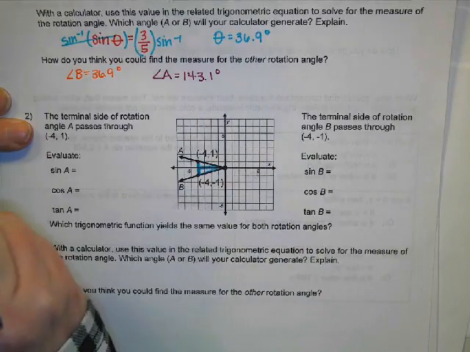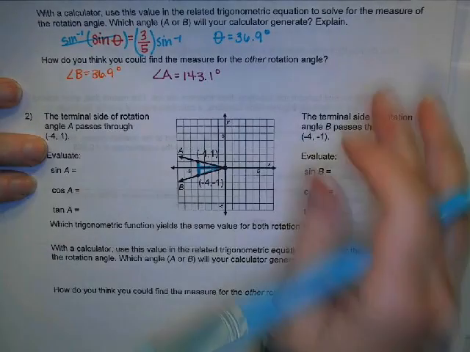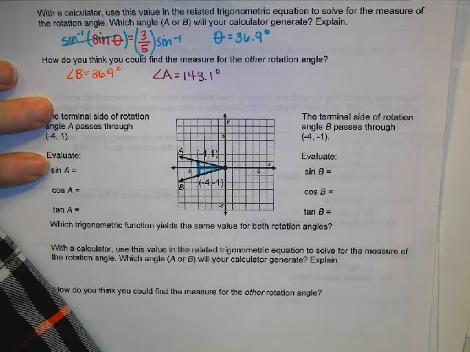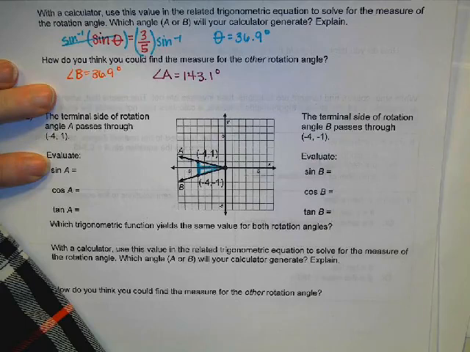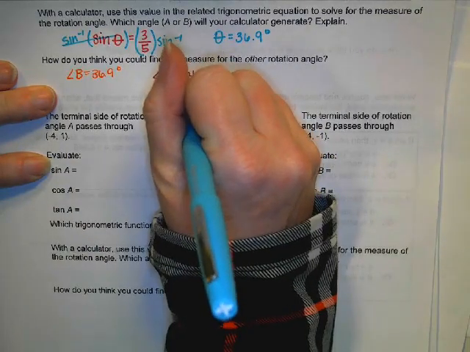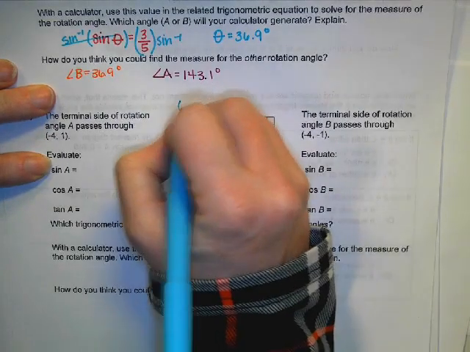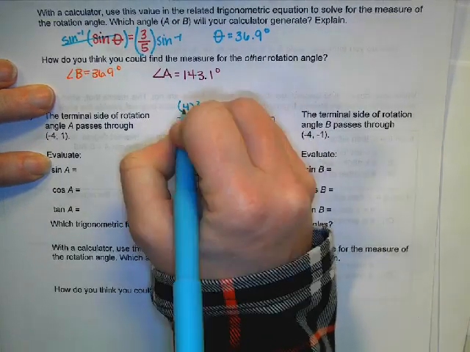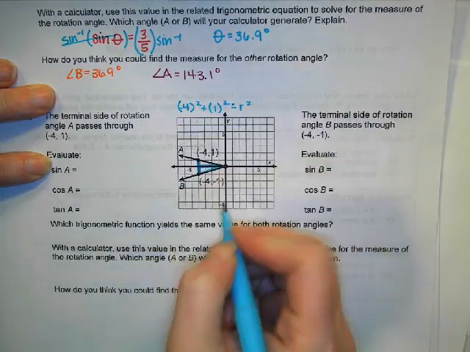How am I going to find my radius, or my hypotenuse? I'm going to use the formula that we've been talking about, or you can just look at it and use the Pythagorean theorem. 4 squared plus 1 squared equals r squared.